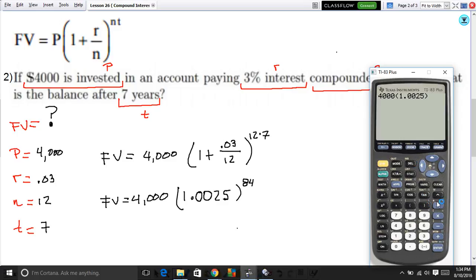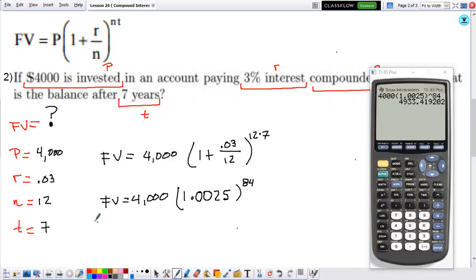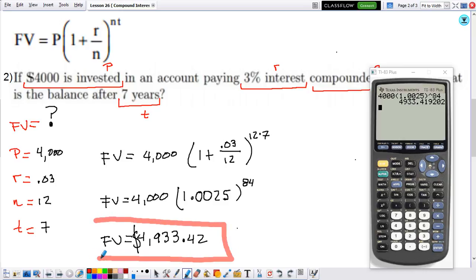So this is what we have. Exponent 84. Excellent. So that means that the future value is going to be $4,933.42. Don't forget about the money sign. So here, that's the final value.